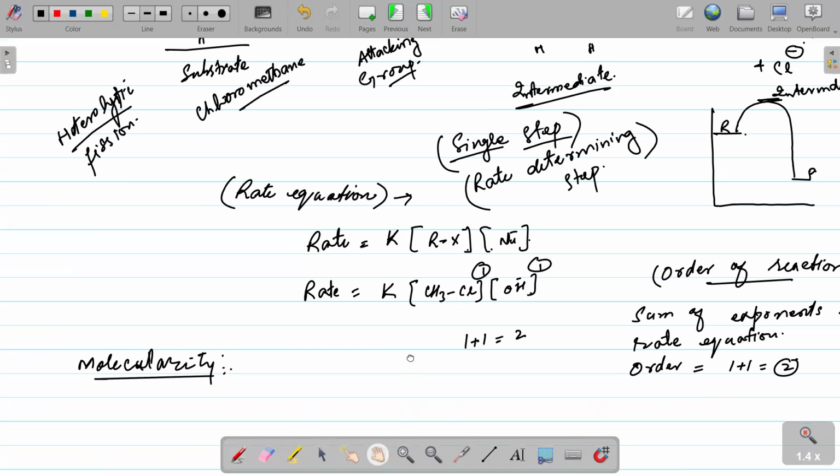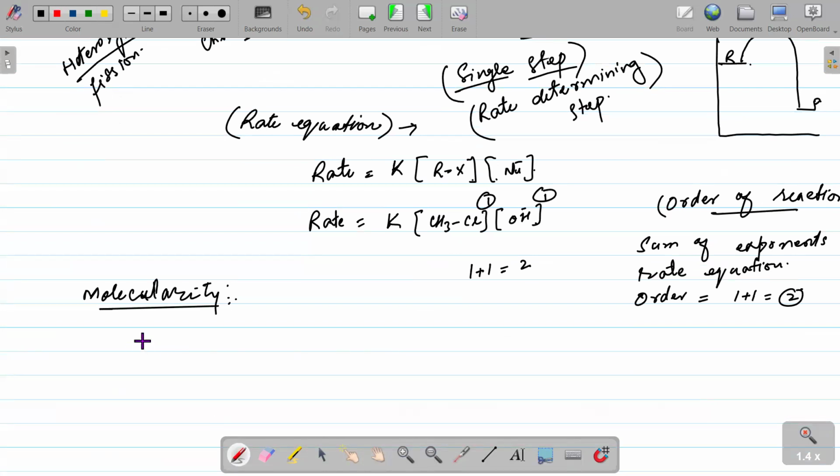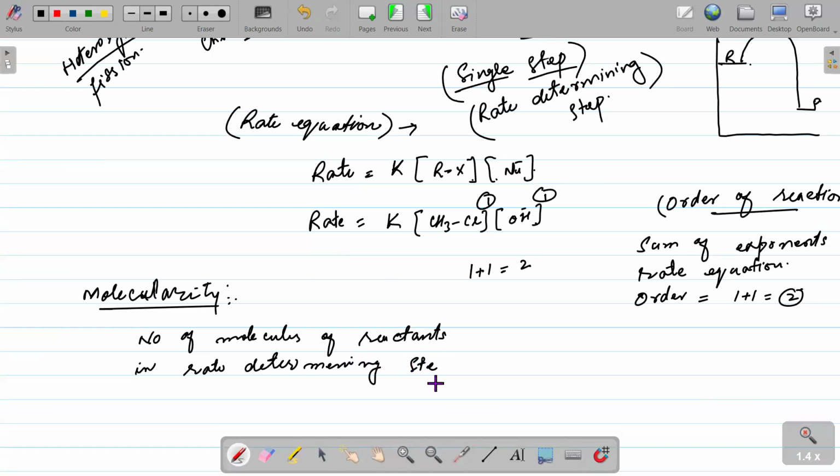Molecularity means the number of molecules of reactants in the rate determining step. That is known as molecularity.